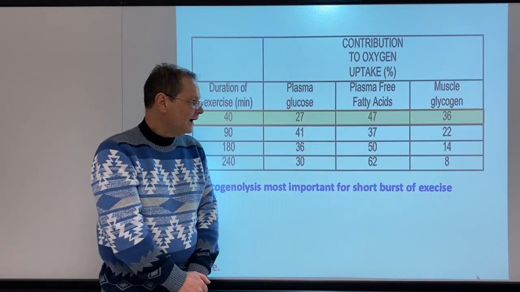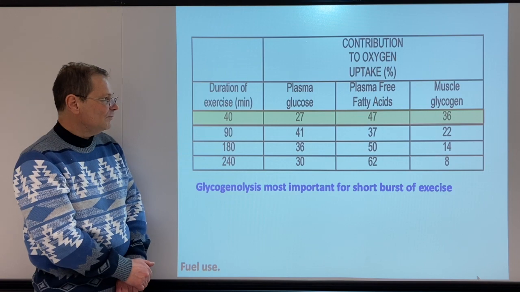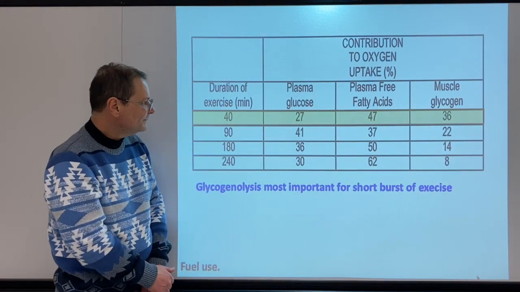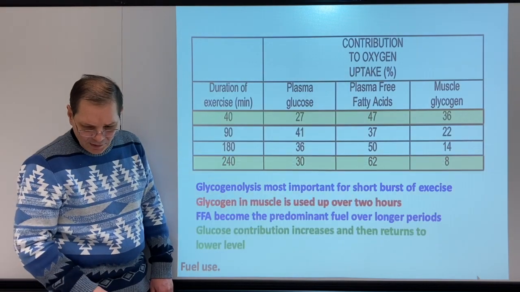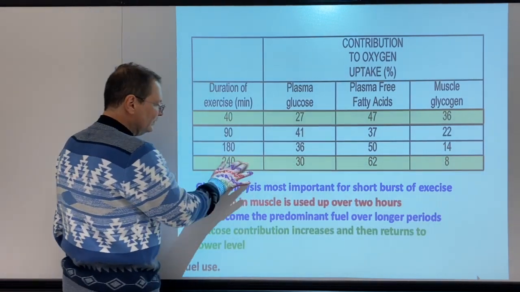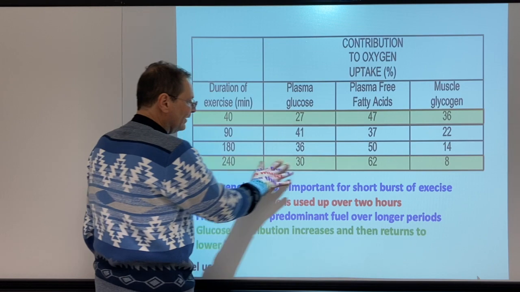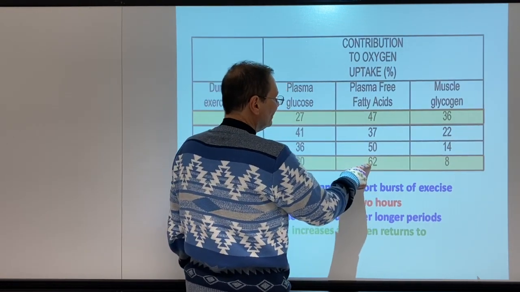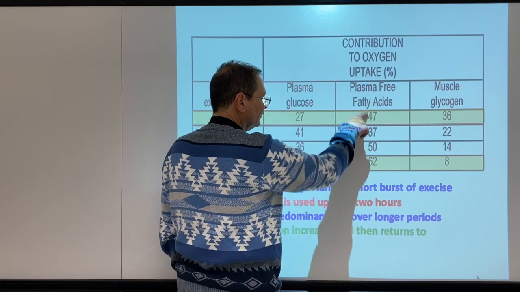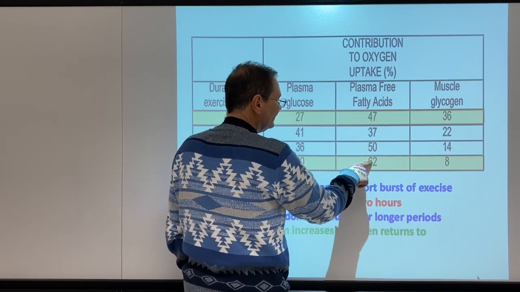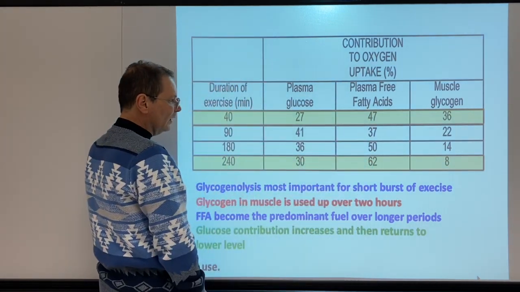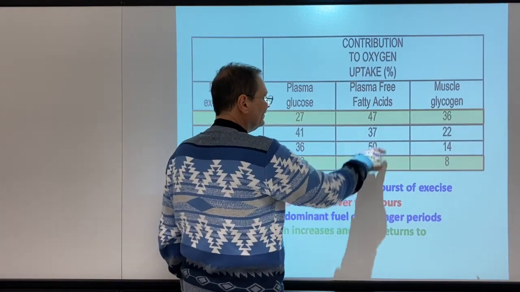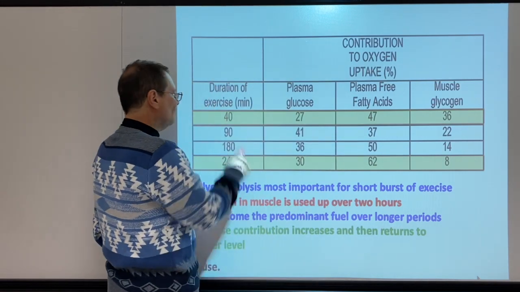I'm going to show you a graph in a minute where that will be even more graphically demonstrated. On the other hand, at longer bouts of exercise, you tend to use more free fatty acids. So you'll notice your utilization of fatty acids is going up here with longer bursts of exercise. So at the 240-minute mark, you're using more fatty acids than you were at the 40-minute mark.